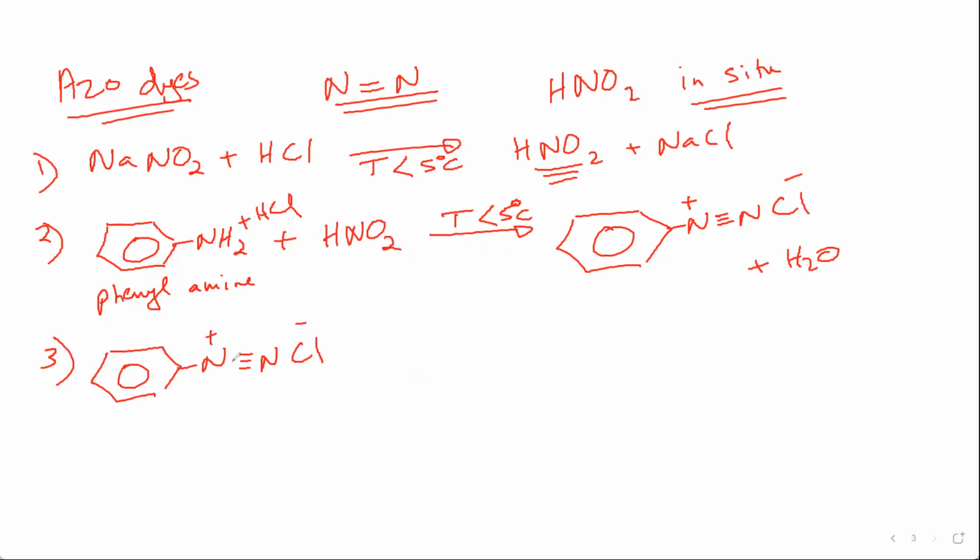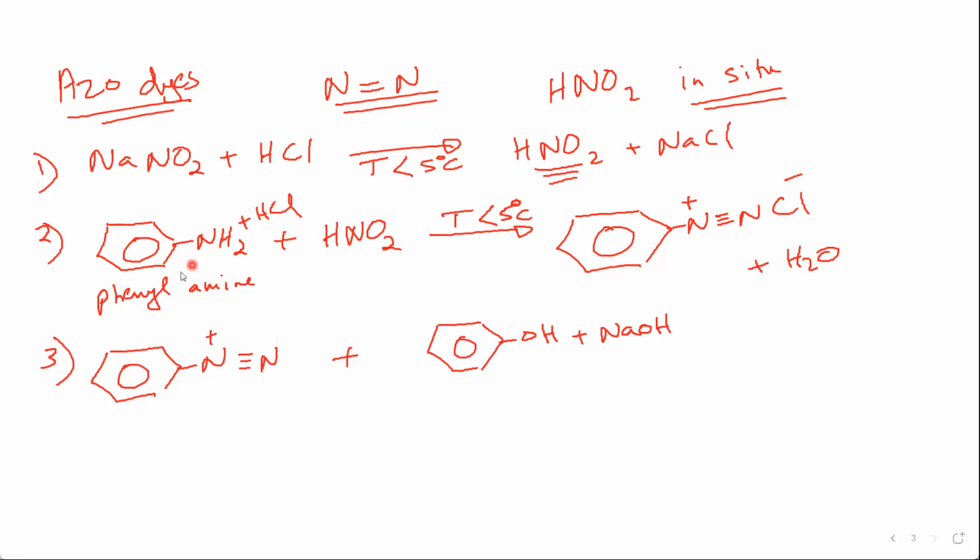We can write only the diazonium ion, as an ionic equation, plus we react it with phenol. But also here we have to add sodium hydroxide for the same reason as we added the HCl.